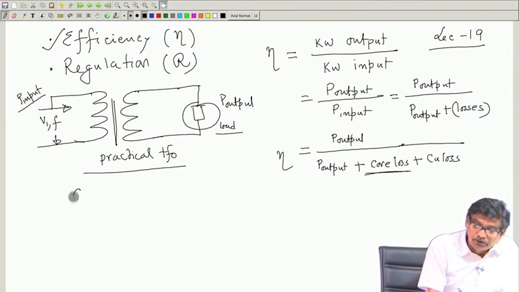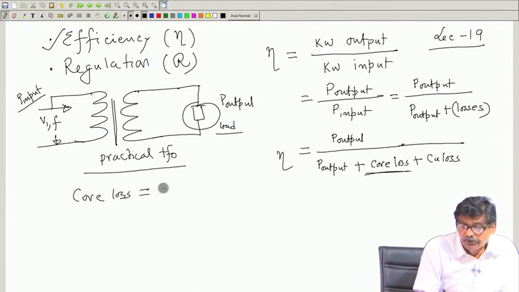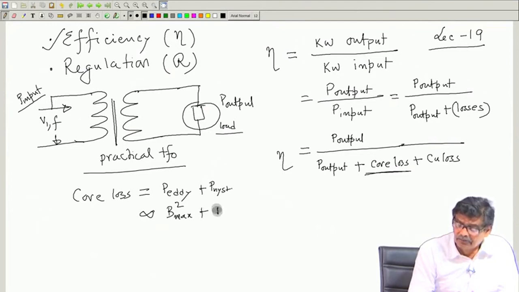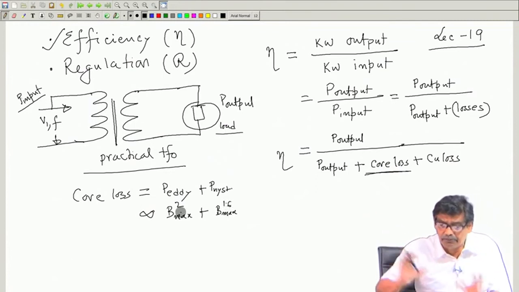What happens to core loss? Core loss, as we know, is P eddy plus P hysteresis, these two things, and it depends on B max. Eddy current loss depends on B max square, and hysteresis loss is also B max raised to some power, or in terms of area.